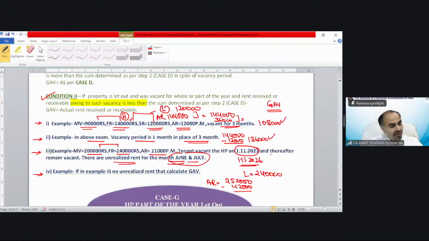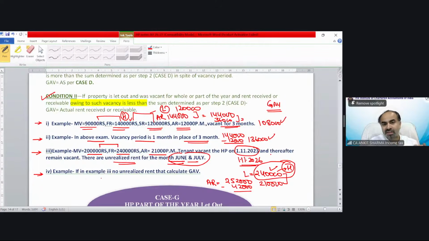After reducing 42,000, this would be 2,10,000. Because it's 2,10,000, the higher value would be this. Because this is our higher value, this is directly going to be the GAV. And no vacancy time duration we can reduce from this category. So the GAV would be 2,40,000.